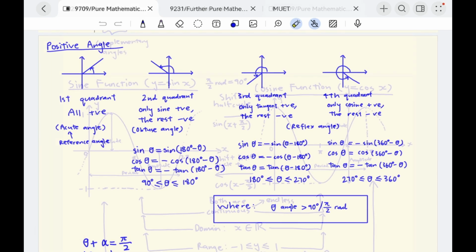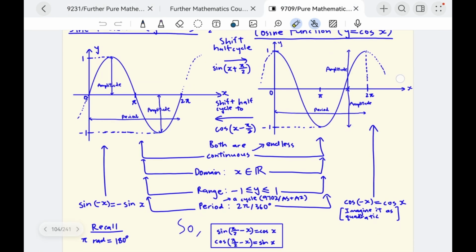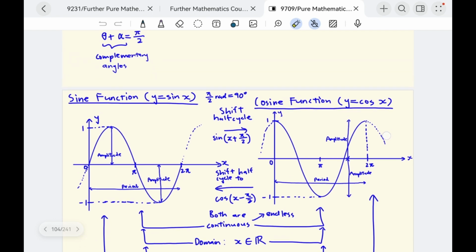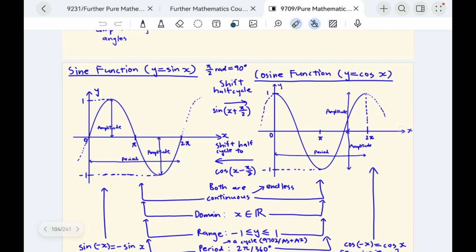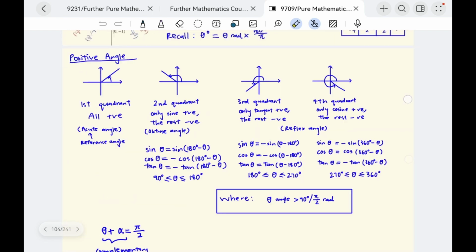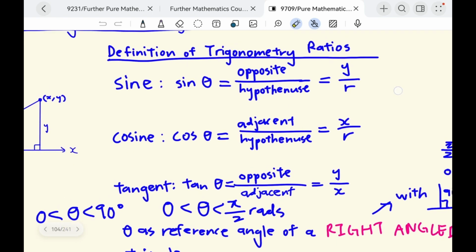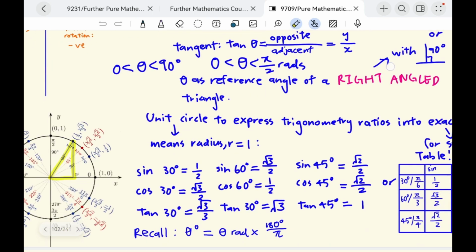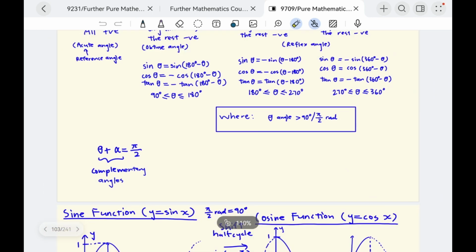trigonometric functions. Okay, let's move on to the next part, which is the trigonometric functions. So what is the difference? The difference is, just now we've learned about the definition of the trigonometric ratios, that you have learned from secondary school. Now let's dive into the trigonometric functions. Okay?